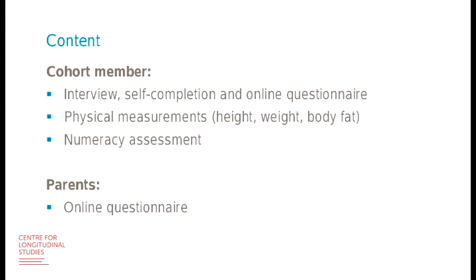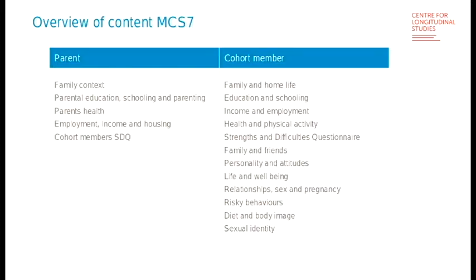So just to give you a brief overview of the content. The parents will complete and update the usual background information on things like family context, parental education, schooling and parenting, their health and their employment, income and housing situation.